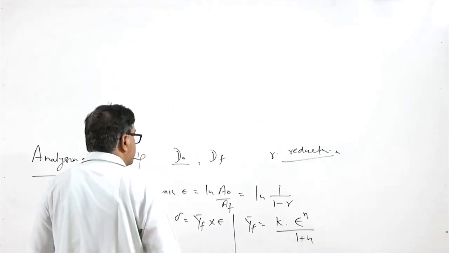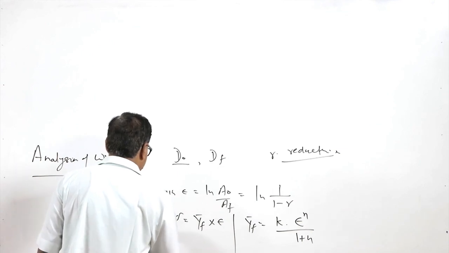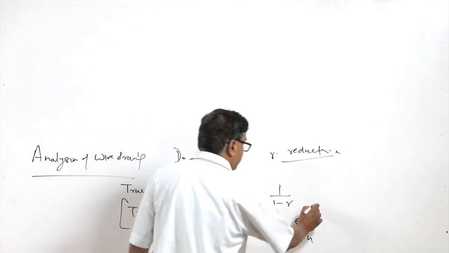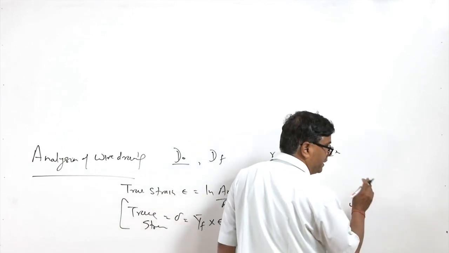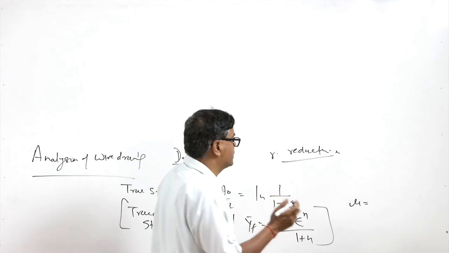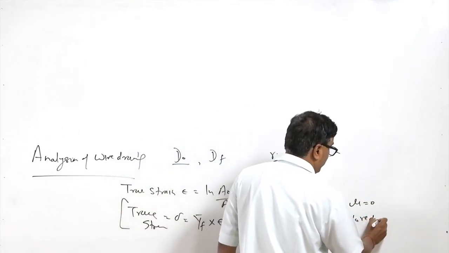So, this is the case for determining the true stress when we assume that the mu between the wire which is being drawn and the die surface is nil and there is no redundant work.